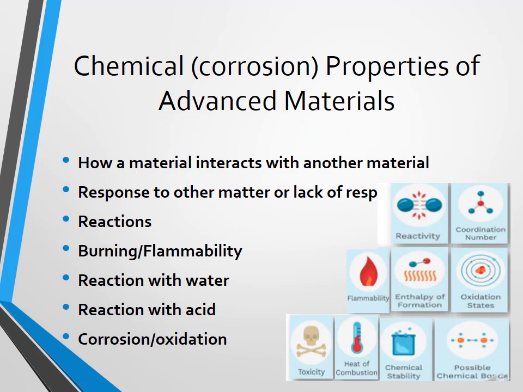So firstly we will discuss what the chemical properties are. Chemical properties are basically related to the behavior of materials, that is, how a material interacts with other materials, which means its response to other substances or its lack of response.